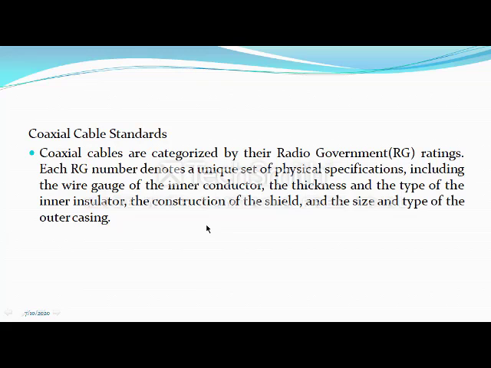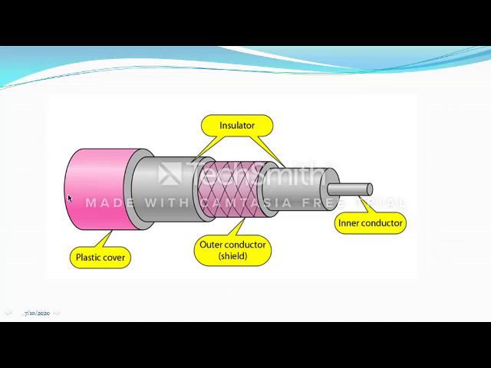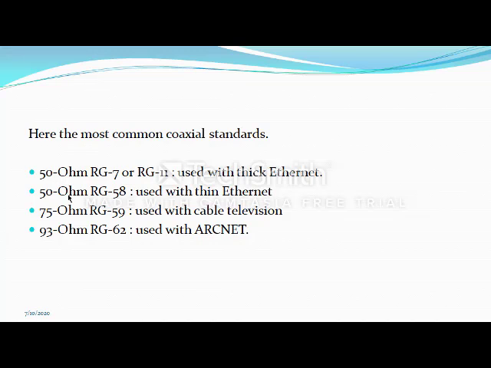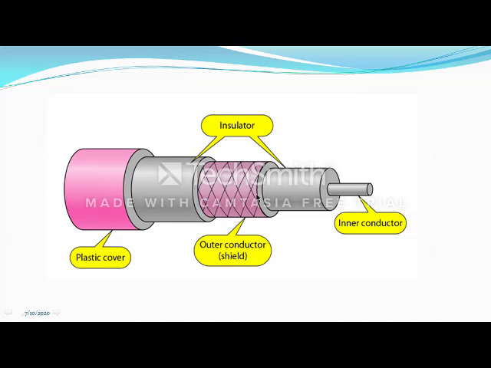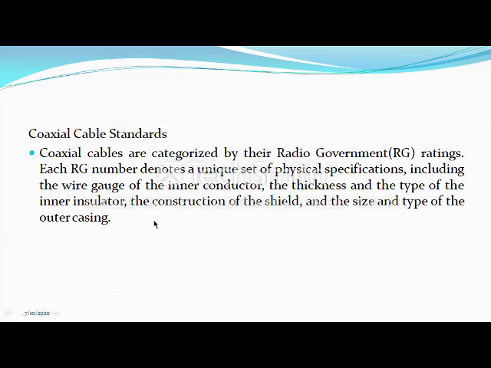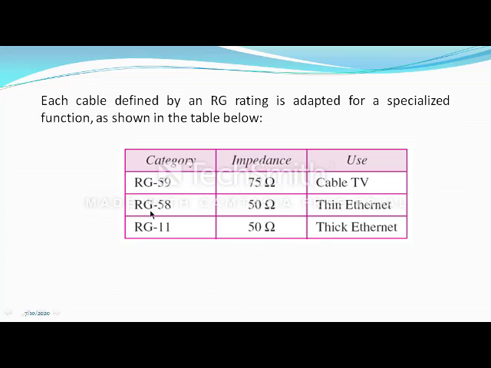So RG 7, 58, 59, 11, there is a significance which gives the sizes or gauge of the conductors used inside, construction of shield, outer casing, all these will be standards. So each thing will be utilized for a different purpose.